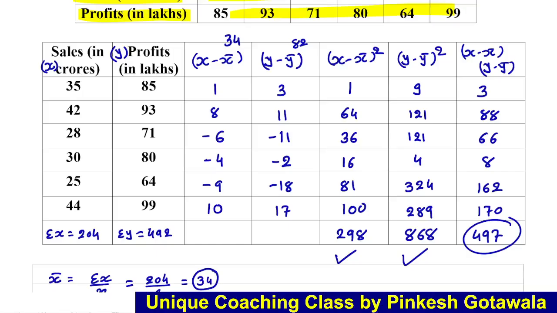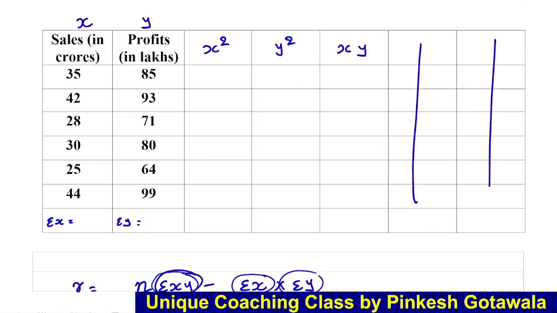We don't need so much calculator there, but here we can't prepare even one column without the calculator. We use the calculator 100% here. So let's start, you will get the idea. First column x square. You can't find the square of all these amounts without a calculator, so the calculator is fully needed, 100%.